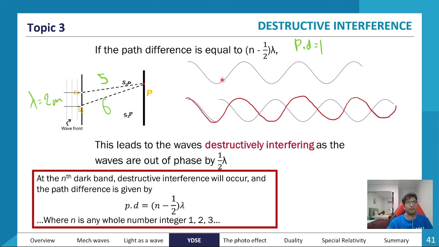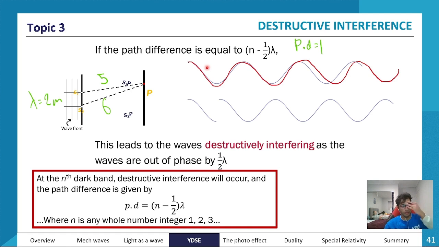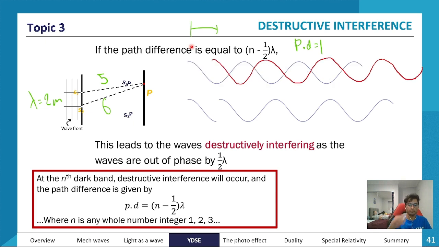So this is our red wave, the secondary wave, and the blue wave underneath is our S1. Because we have a path difference of 1, and the wavelength of a single wave is 2, the red wave gets shifted by half a wavelength. So our red wave ends up being like this.